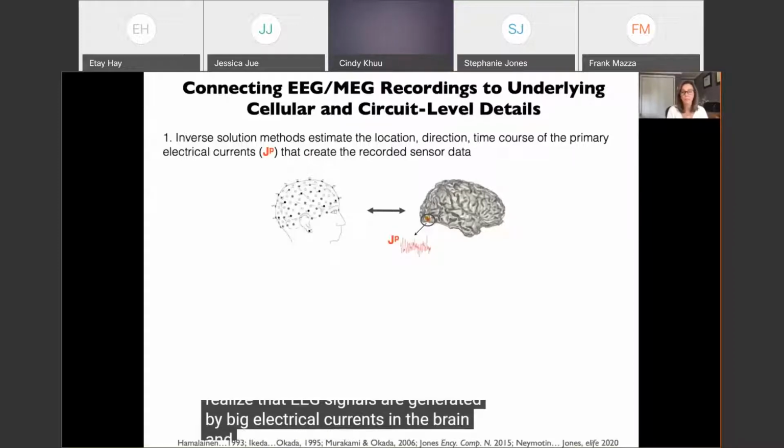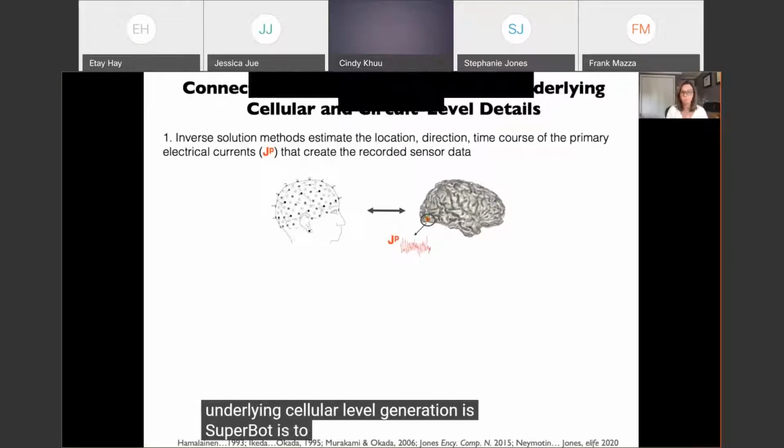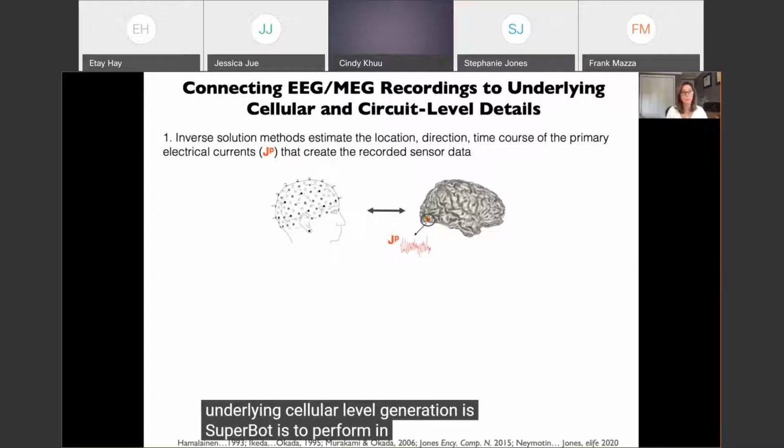And the first step in getting at the underlying cellular level generation is to perform inverse solution methods that estimate the location, the direction, and the time course of these big electrical currents, which we call primary currents, that contribute to the recorded data. From there, we need to connect these currents to how they're generated at the underlying cellular and network level.